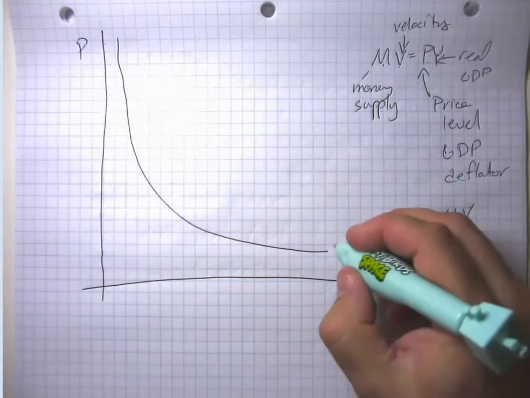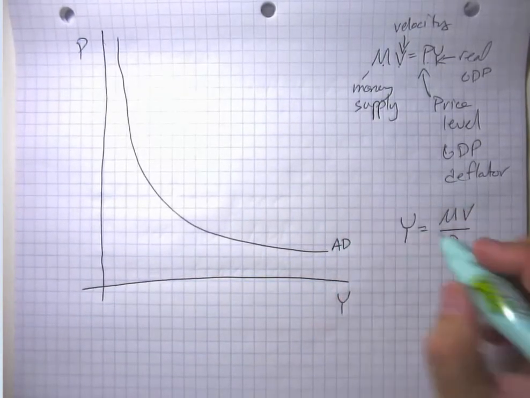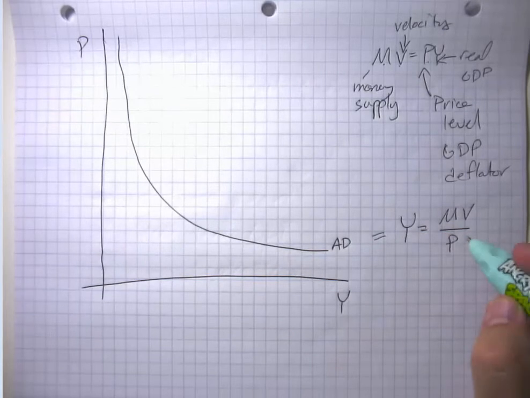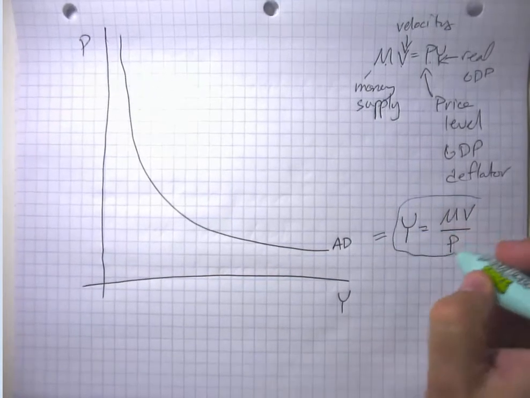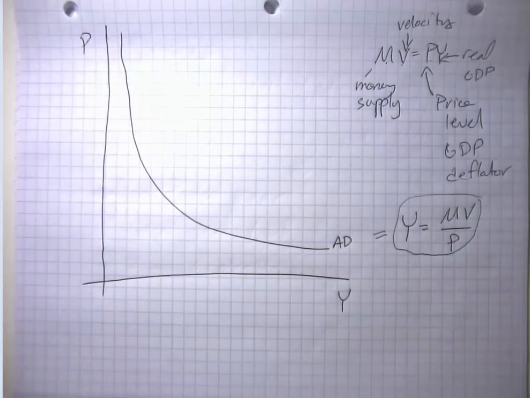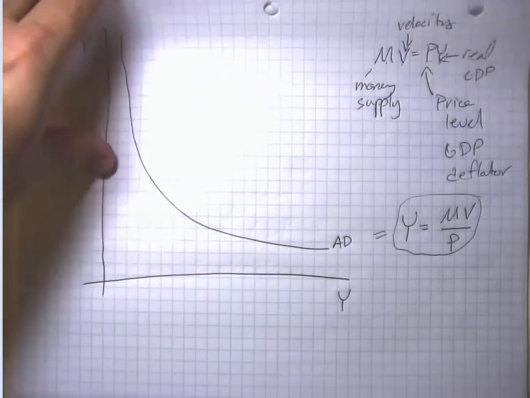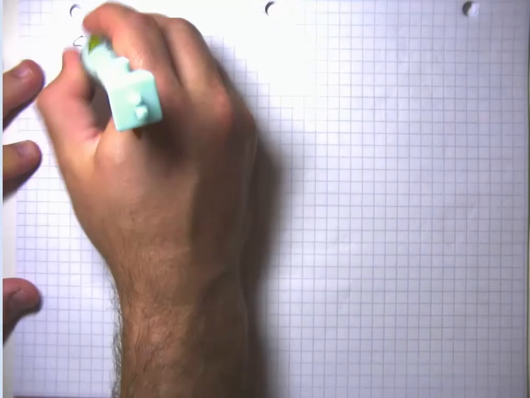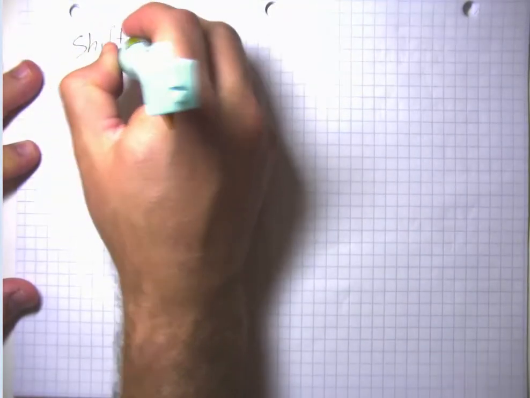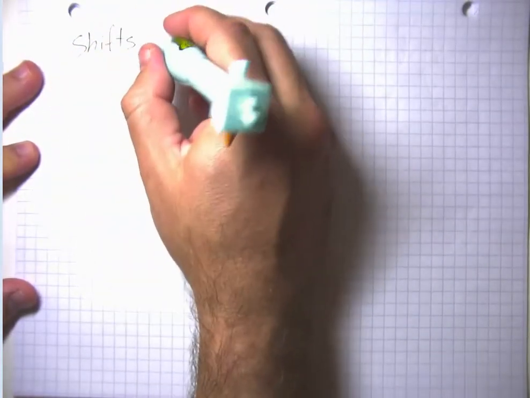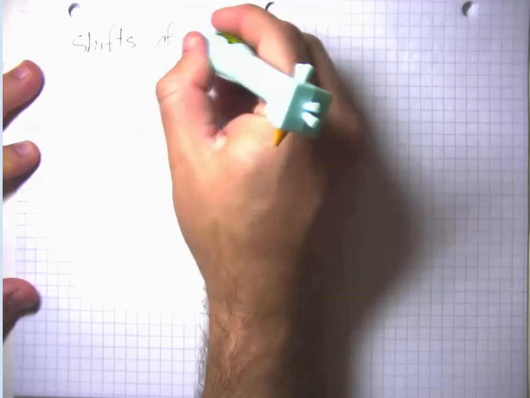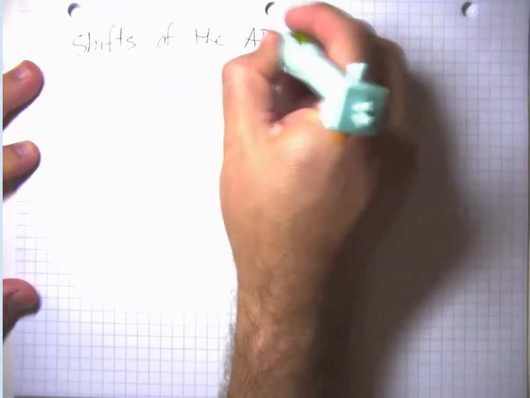So one way of thinking about the aggregate demand curve is that it is a reflection of the quantity theory of money equation. So that's another way of looking at it. Life would be boring if the aggregate demand curve just sat there. So what's going to cause shifts of the aggregate demand curve?